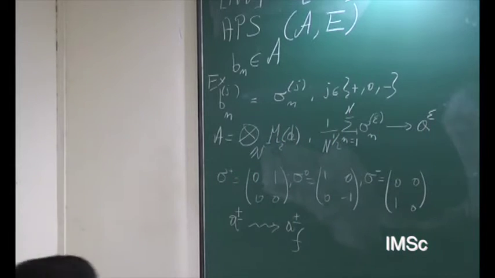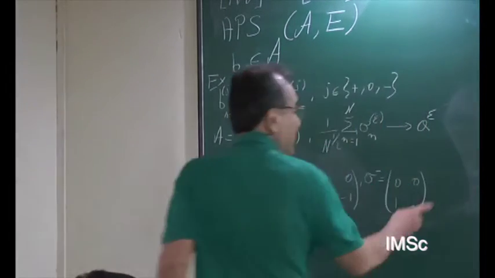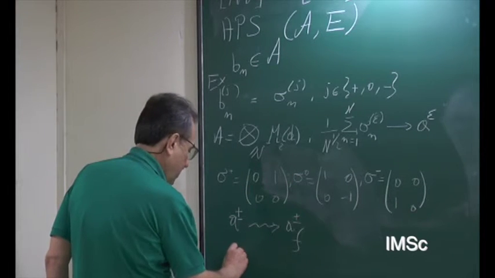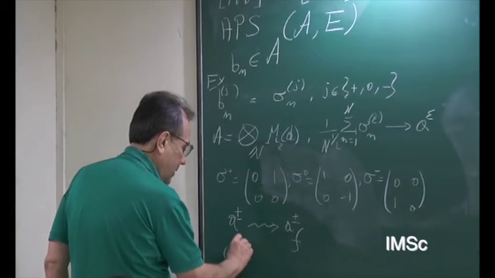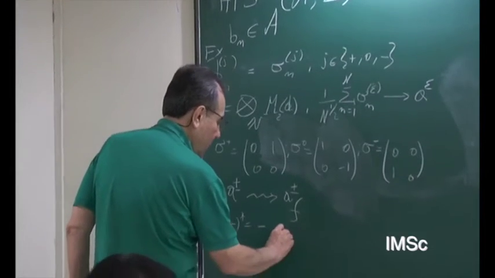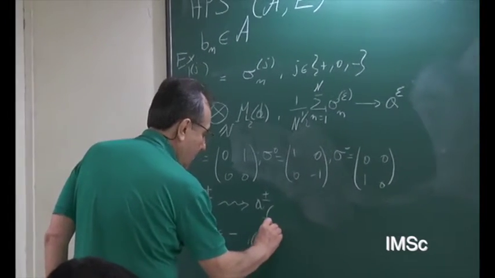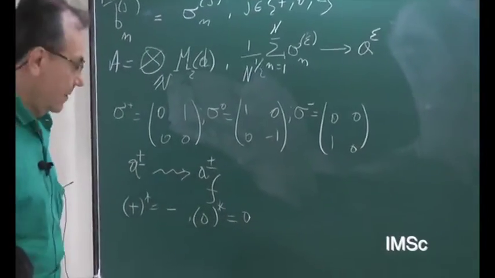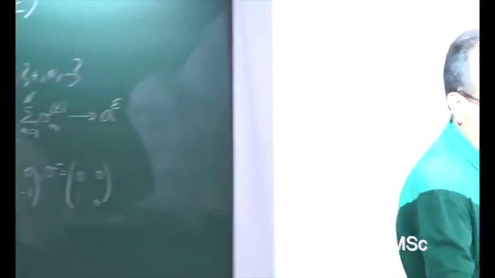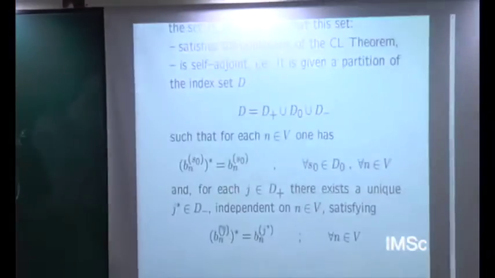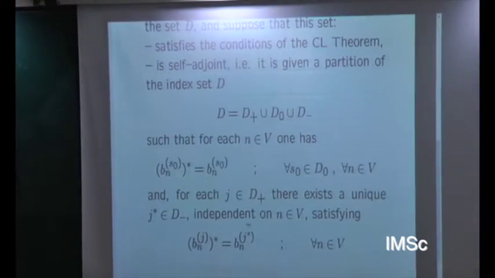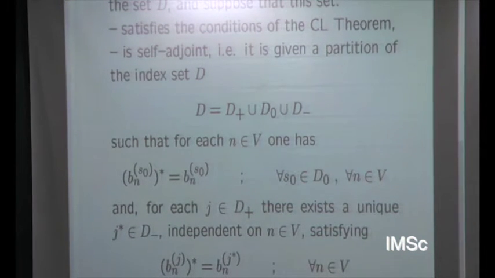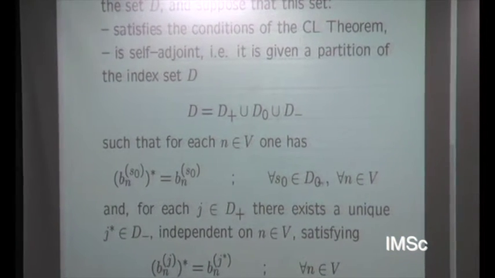So this means that in this language, plus star equals minus and 0 star equals 0. This is the rule by which I define this J adjoint, when J belongs to the set D.